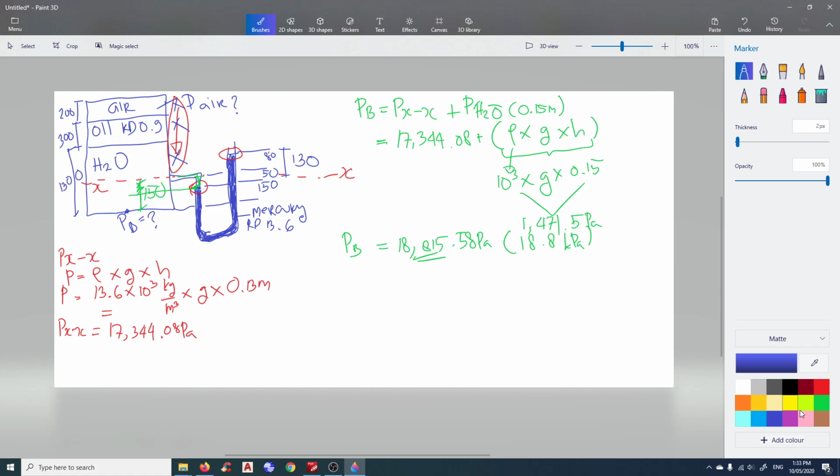But what you need to be aware of is the height of the water up to that point there, where the mercury meets the water, is 1300 minus 150, so 1150.